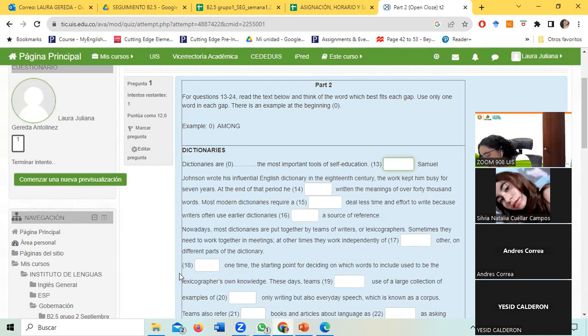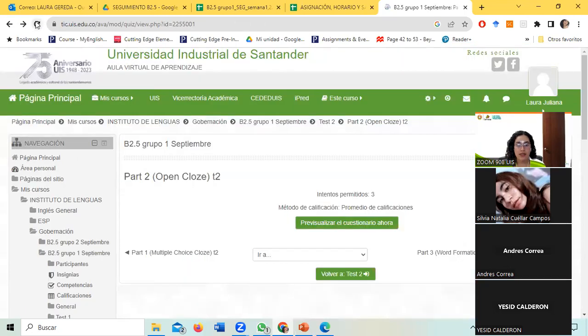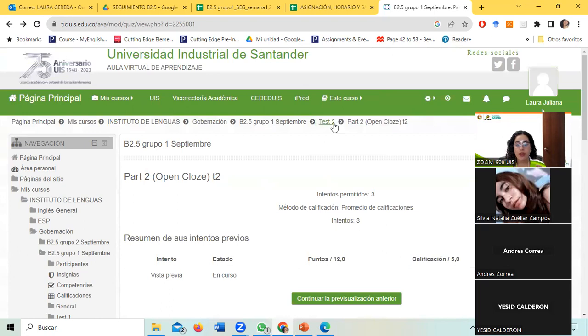You can work on that. If you all finish early, then we can do some extra practice at the end. But for now, let's have 10-15 minutes to work on the Moodle activity. Test number 2, part 2, open cloze.